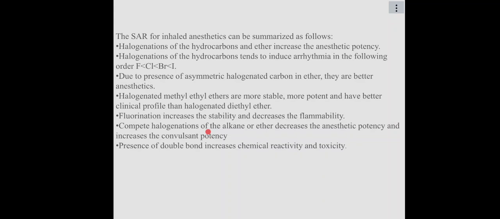The terminal carbons require a hydrogen for maximum potency. The presence of double bonds increases chemical reactivity and toxicity. Remember, double bonds are sites of higher reactivity than when you have the molecule saturated. So again, you find most of those drugs do not have any unsaturation in order to minimize toxicity, and of course to decrease the reactivity, because as we said, you require a balanced activity.